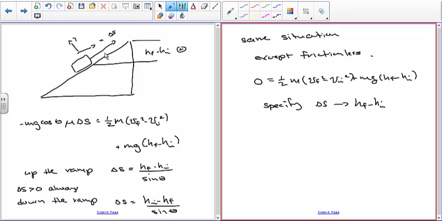If it slides down the ramp 10 meters, then h final is going to be smaller than h initial, so you're going to have a negative sign here. But if it slides up the ramp, then you want this to be positive. So just have to be careful of signs.